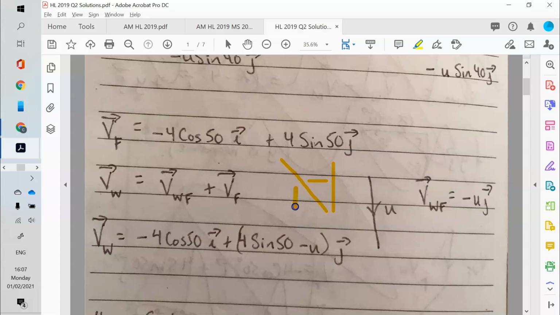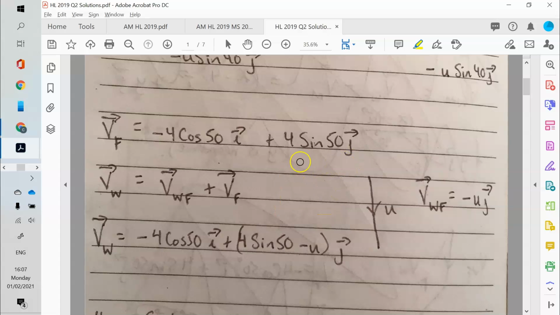So 50 is the degrees with the horizontal. So she is walking 4 kilometers an hour. So we've got minus 4 cosine 50 in the i direction plus 4 sine 50 in the j direction, giving us our overall velocity.